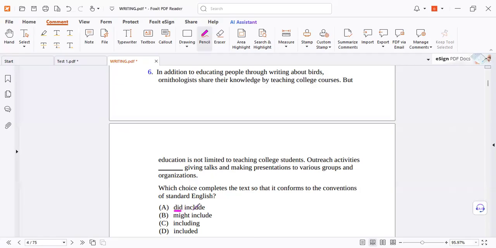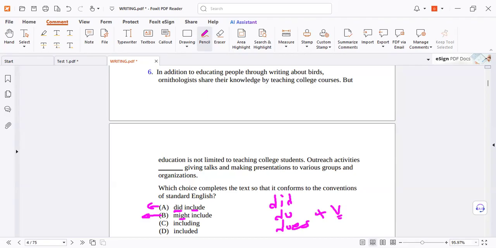Did include. This expression, we can use it. Remember using did or do or does to emphasize the action, like, I do love reading. I tell you a fact and I emphasize it. But is the action here for possibility or not? So this is a verb and this is a verb. But this one is for emphasis, this one is possibility. Including and included, it can be.